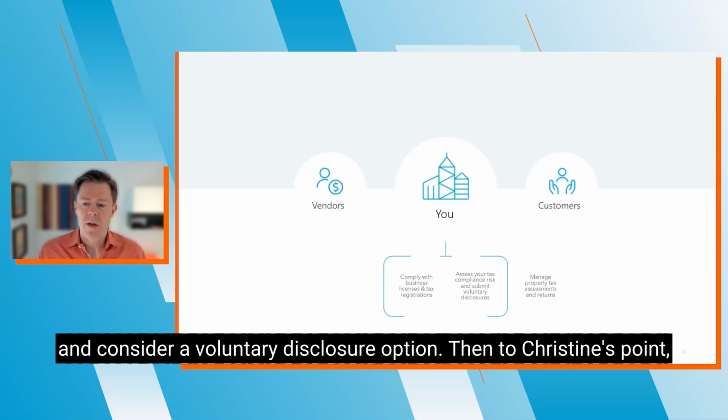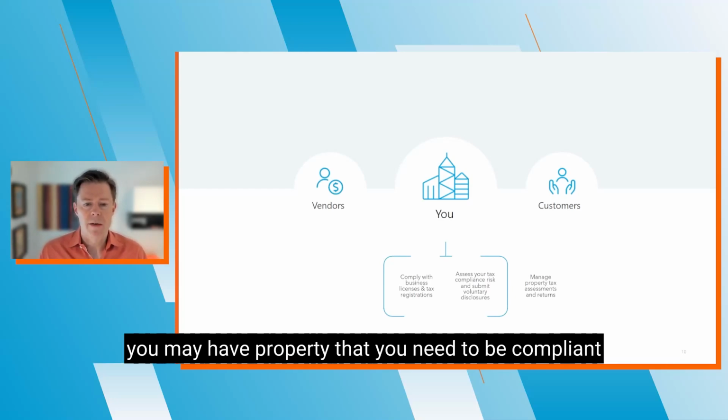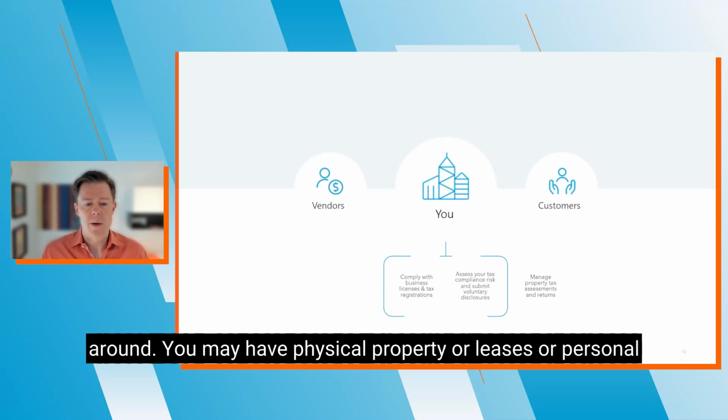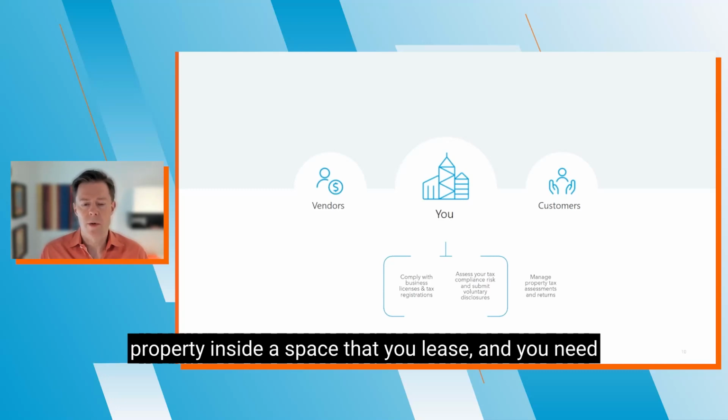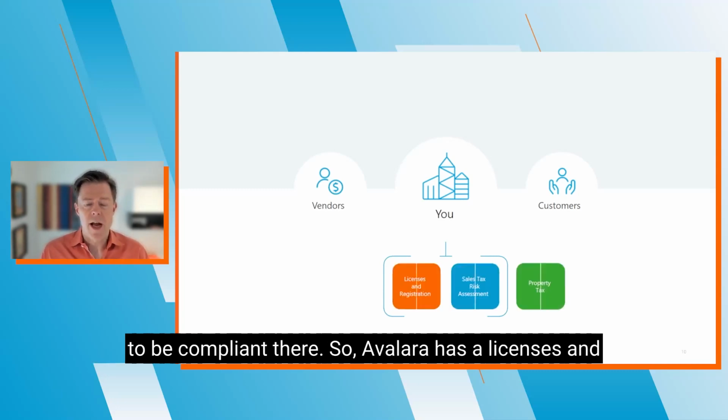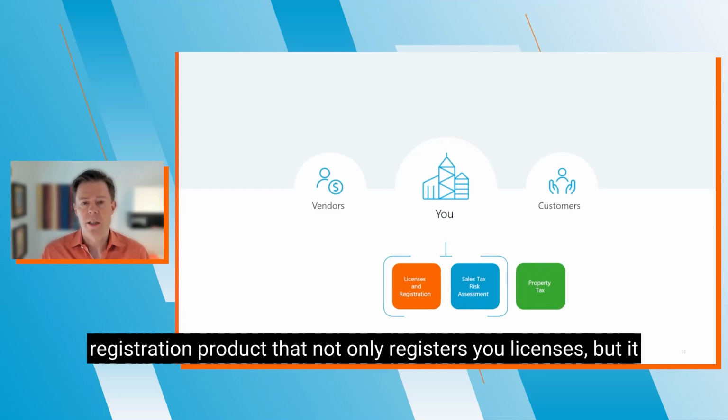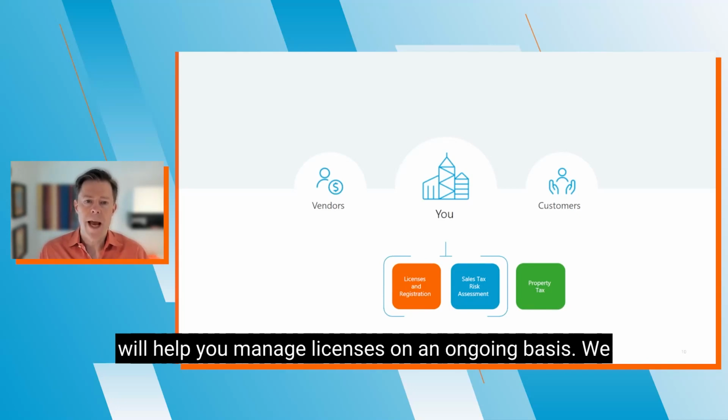And then to Christine's point, you may have other areas that you need to be compliant around. You may have physical property or leases, or personal property inside a space that you lease, and you need to be compliant there. And so Avalara has a licenses and registration product that not only registers you licenses, but will help you manage licenses on an ongoing basis.